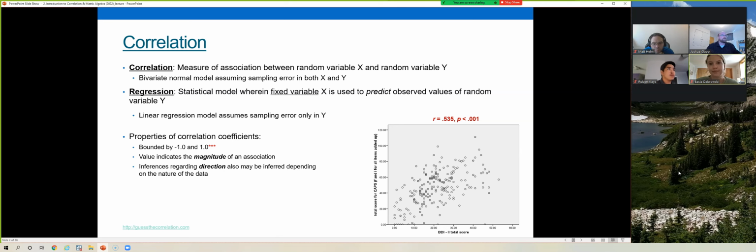Okay. So if you want to play around with correlation coefficients, and I encourage you to do so, starting here, Robert, looking at this graph right here, what's the nature of the correlation between our BDI scores and our CAPS scores? Positively correlated. If I know something about your increasing BDI score, I expect your PTSD score to increase. Robert, we see we've got a correlation of 0.54 here.